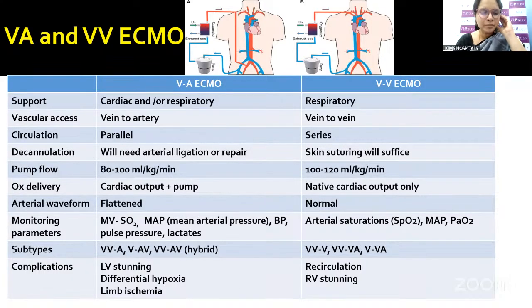LV stunning can be a problem, and this can be picked up by a drop in saturations, blood pressure, and a state of cardiovascular collapse, and there can be increased left ventricular diastolic pressures. This can be one of the prominent problems with VA ECMO. In addition to this, because of the arterial cannulation per se, there can be multiple other issues, including the need for arterial ligation, the need for repair, and sometimes limb ischemia that may necessitate removal or reinsertion of the cannula, etc.